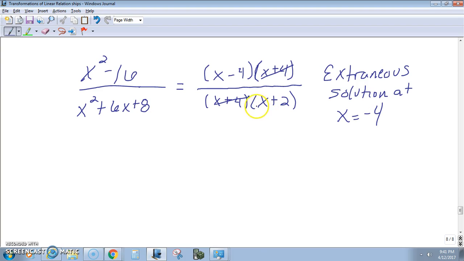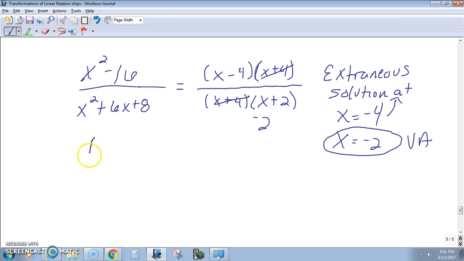And the other one is x plus 2, so -2 would make it 0, so also at -2. This is going to be a vertical asymptote, though, and this is going to be an extraneous solution, right? So let's write that in interval notation.